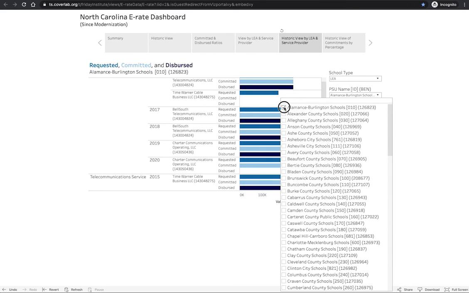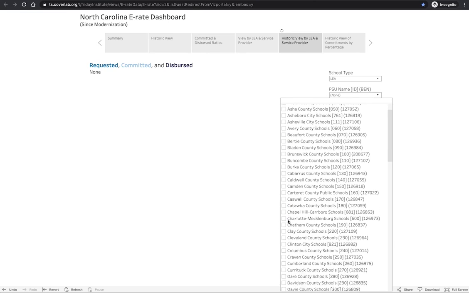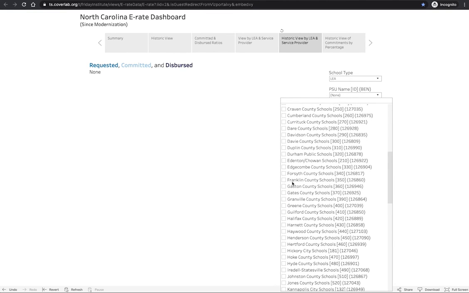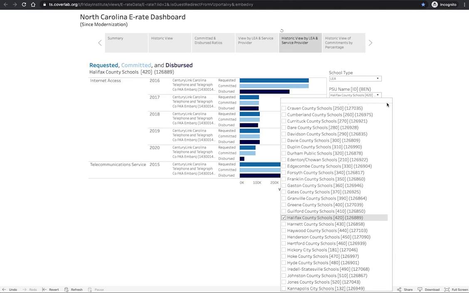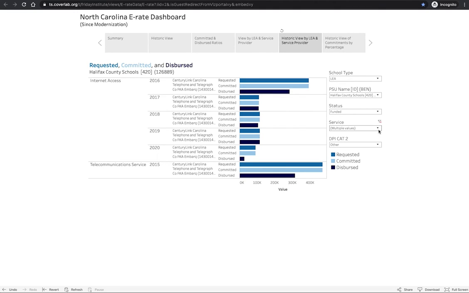If we go to, I don't know, what's a county with maybe not so much competition, let's say Halifax, we can see that they have apparently only one provider that's ever been awarded since 2015, and they still have seen a significant reduction in price. So that's nice.